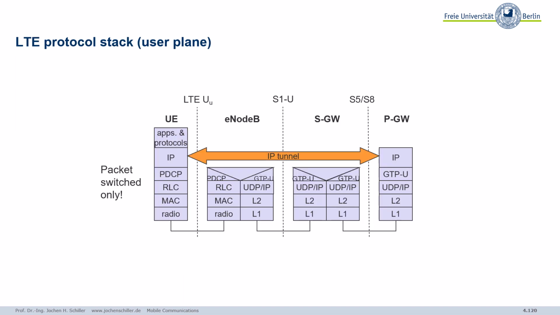Okay, and then we also find protocols familiar to you. That pretty much looks like the protocols we had for UMTS, but no more circuit switching, only packet switching. We have similar tunneling protocols.